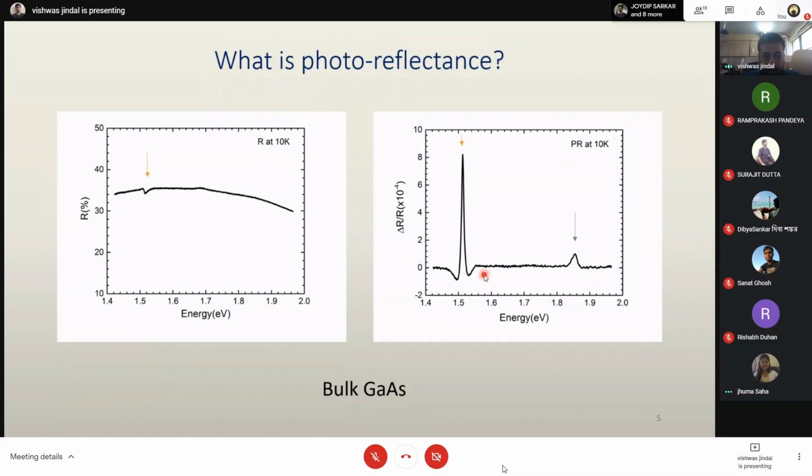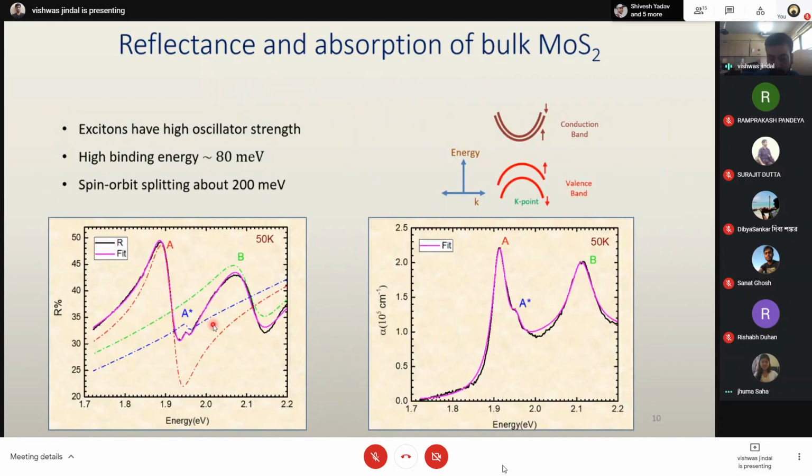This is indirect, but even in indirect, maybe I forgot to mention this, there is somewhere where the direct band gap exists. That is where we are probing it. So here in the electronic band structure, this is indirect because the top of the valence band is at the gamma point and the bottom of the conduction band is at the K point.